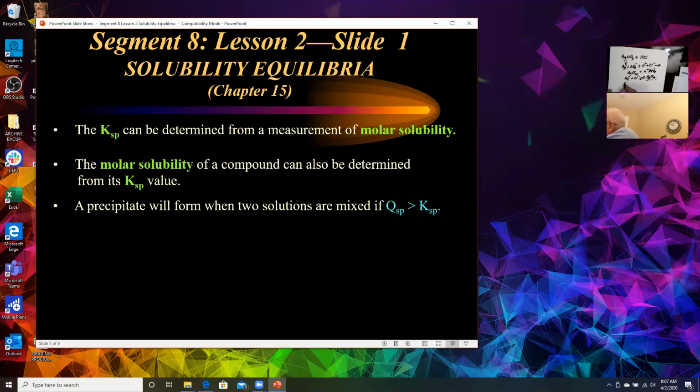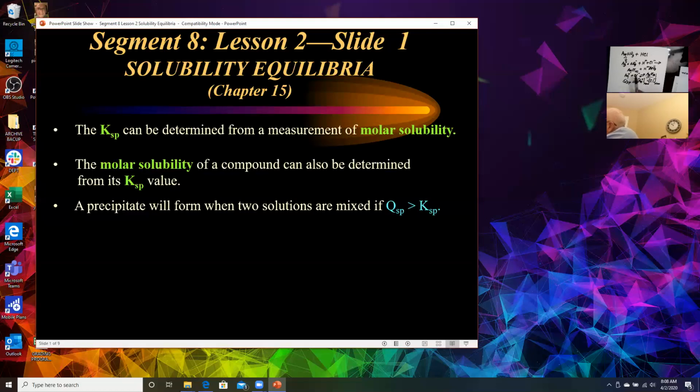So you can define a QSP, and the QSP is just like KSP. It's going to be the Ag plus concentration that you have now, not at equilibrium, times the Cl minus concentration that you have now.